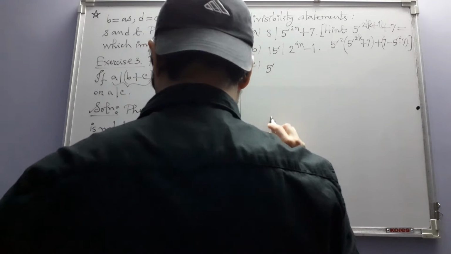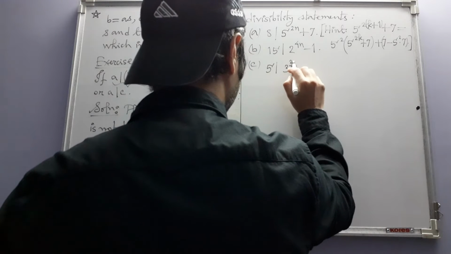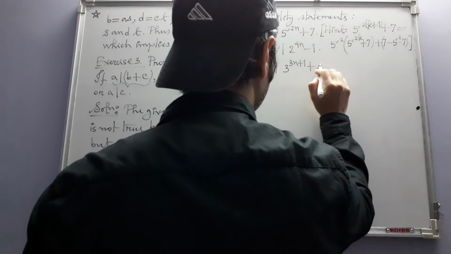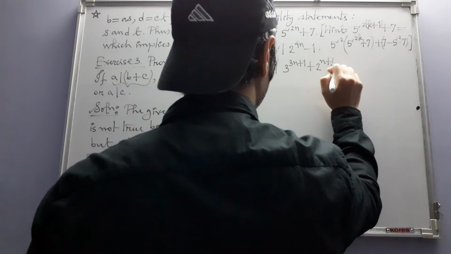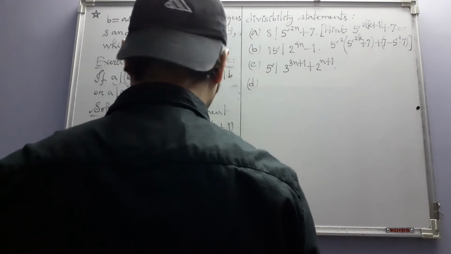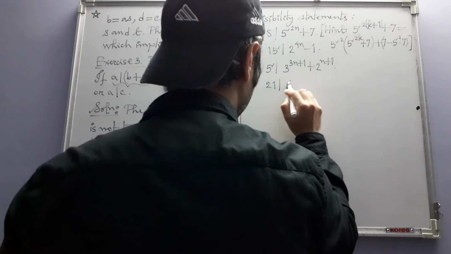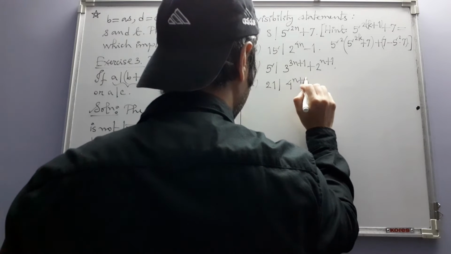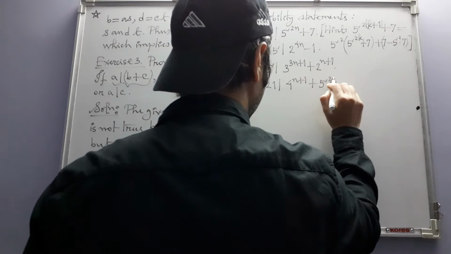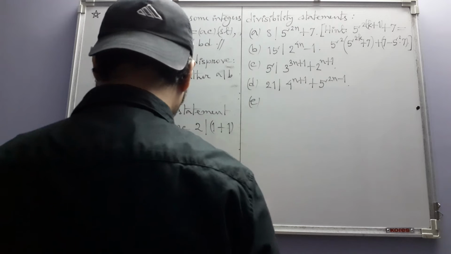Then in part C we have to prove that 5 divides 3 to the power 3n plus 1 plus 2 to the power n plus 1. Then in part D, 21 divides this plus this, and there is one more.